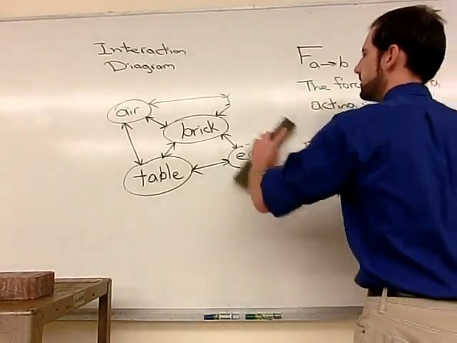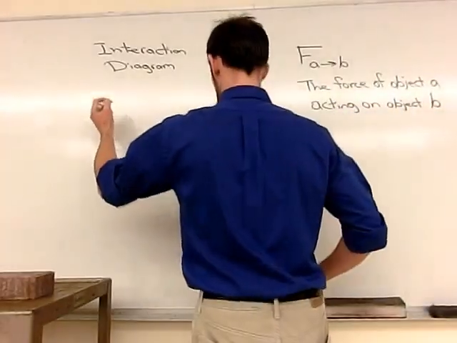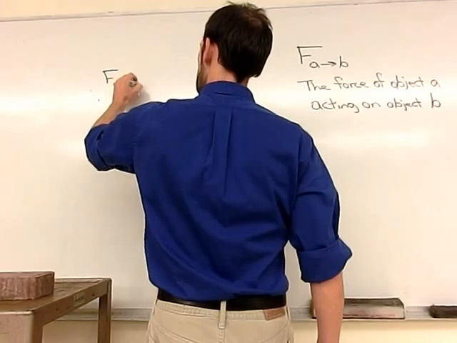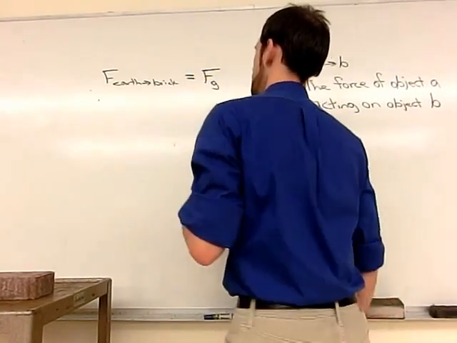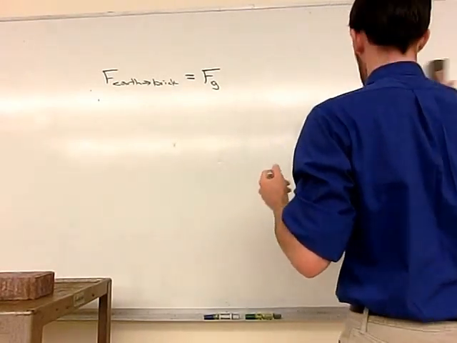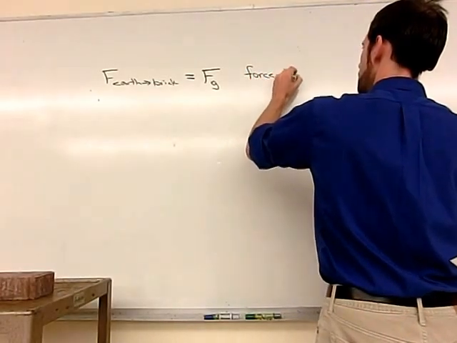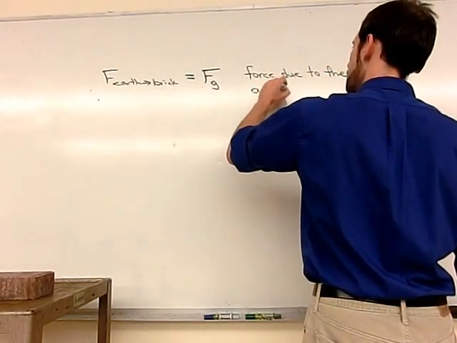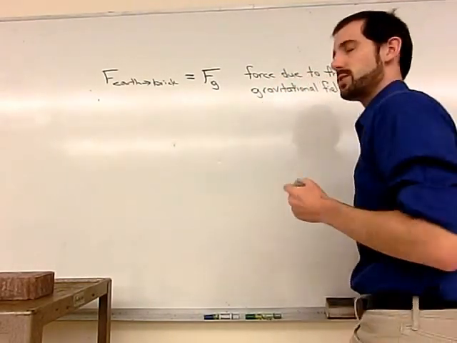So if I make some more room here, the force of the earth acting on the brick will simply be written as F sub G, which stands for force due to the gravitational field, the gravitational field of Earth, to be specific.